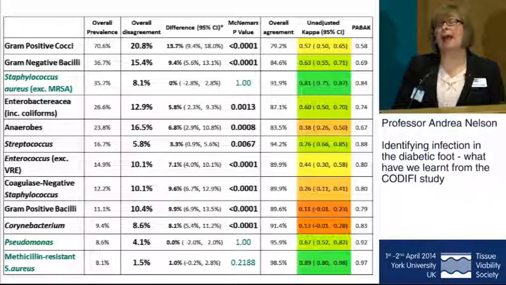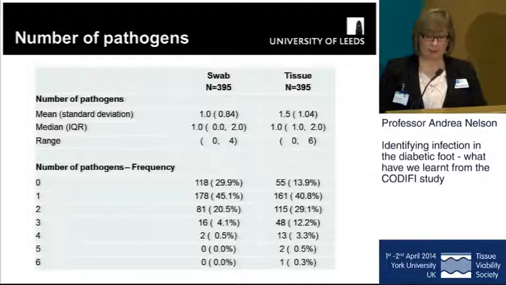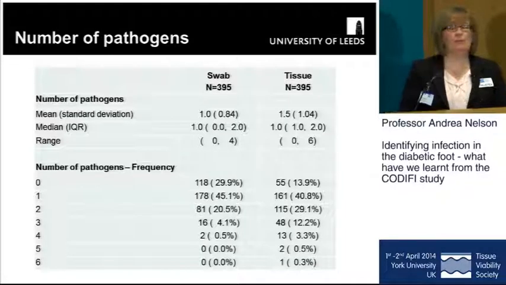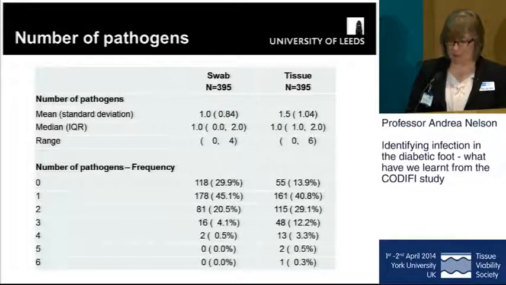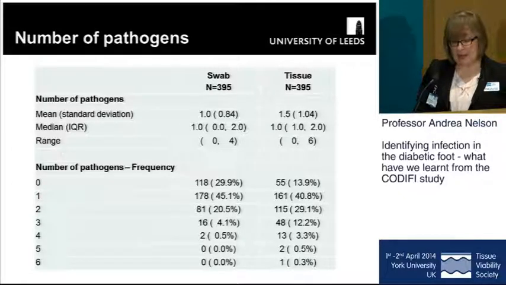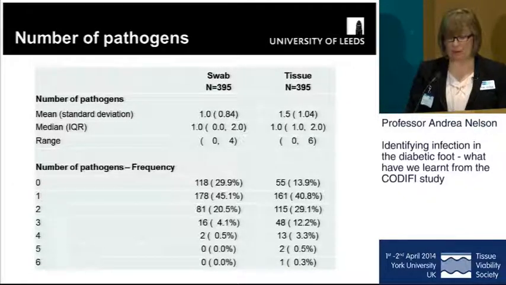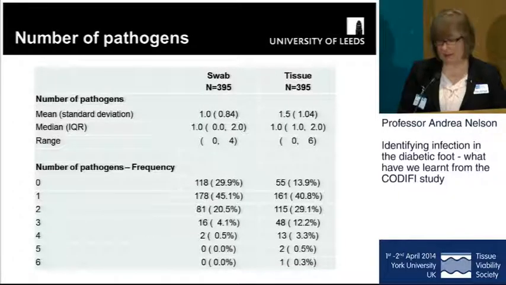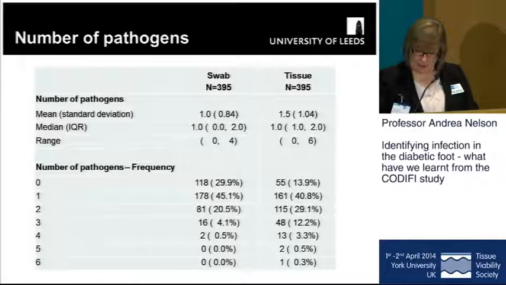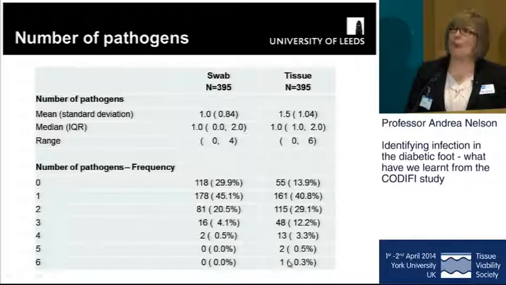The next area that we looked at was whether the number of pathogens reported in each swab or tissue sample was the same. We found that overall, the swab reports came back with an average of 1 likely pathogen, and the tissue sample 1.5 pathogens. And the distribution here is, as you can see, and in some cases, tissue samples came back with up to 6 pathogens reported.